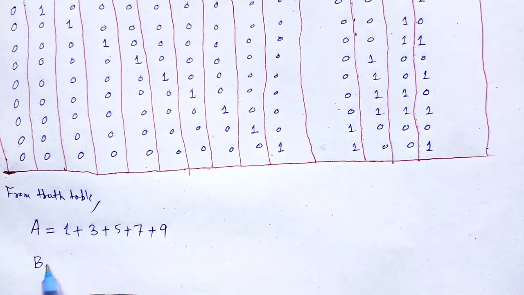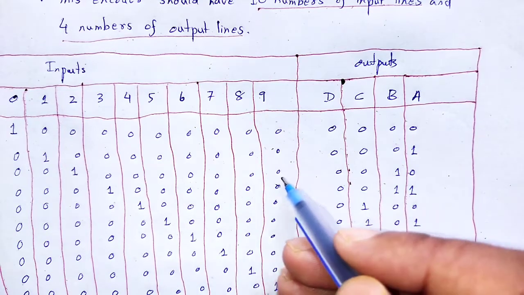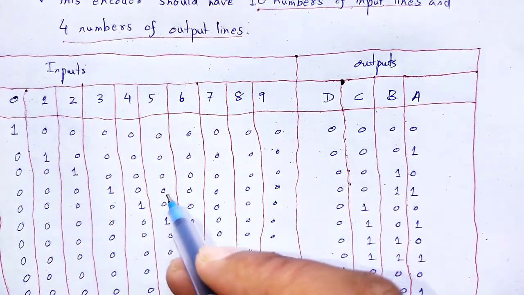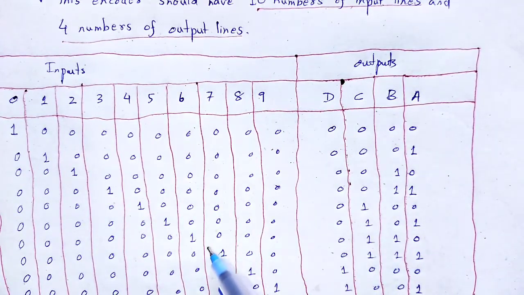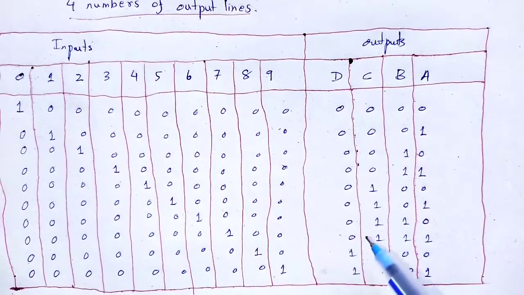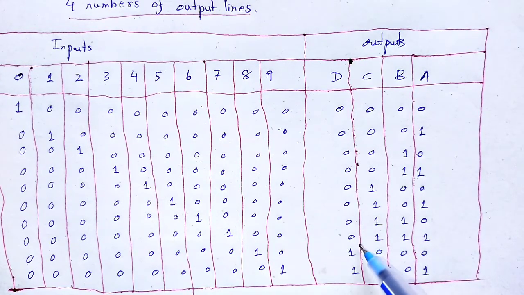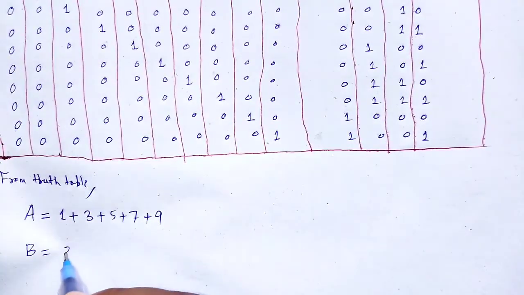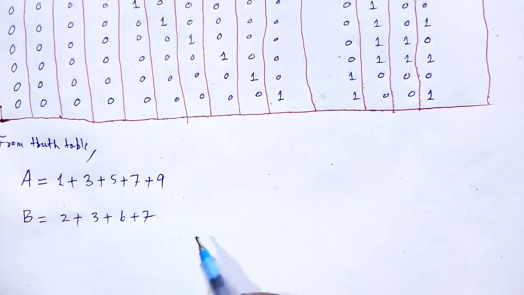Next B is high, high means 1 value, for 2, 3, 6, 7.